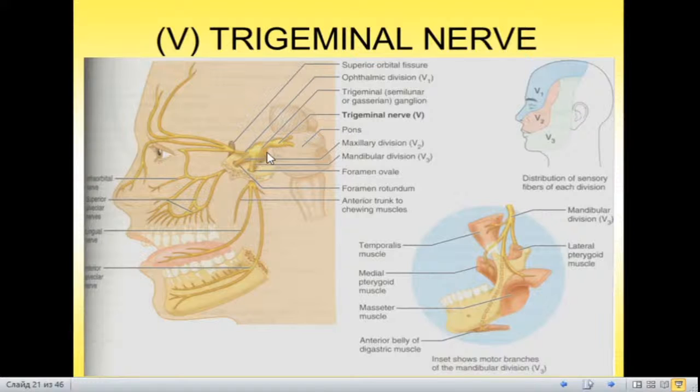It is formed by pseudo-unipolar neurons, and its central processes form the major trunk of the trigeminal nerve, but peripheral processes form three branches of the trigeminal nerve. First one, nervus ophthalmicus; second, nervus maxillaris; third one, nervus mandibularis.